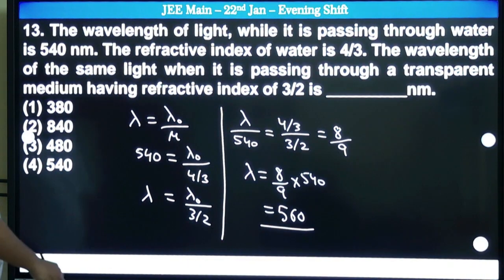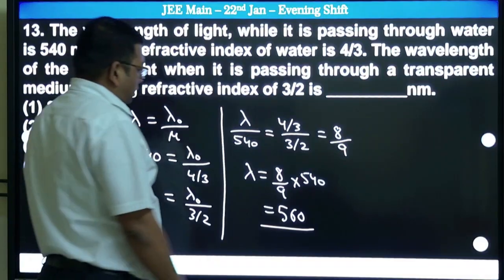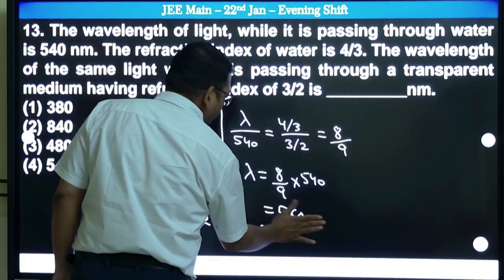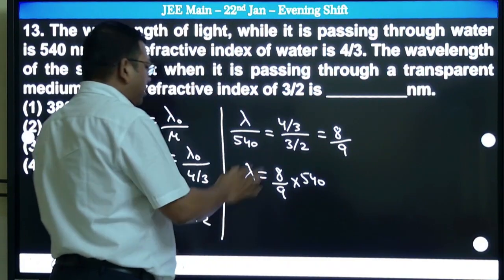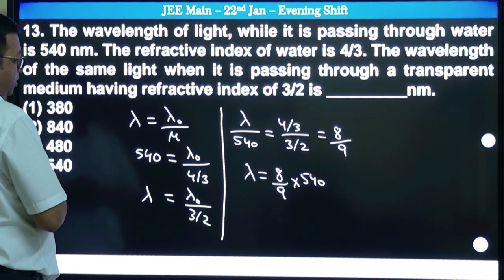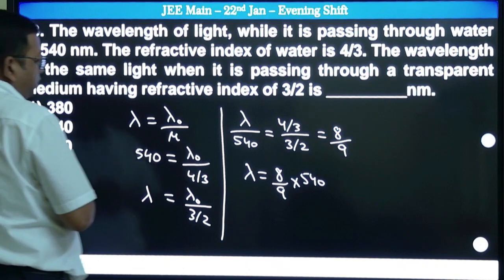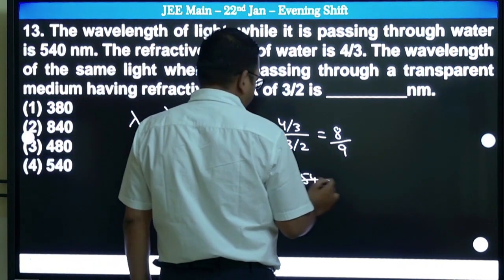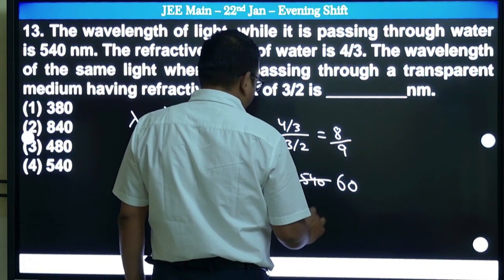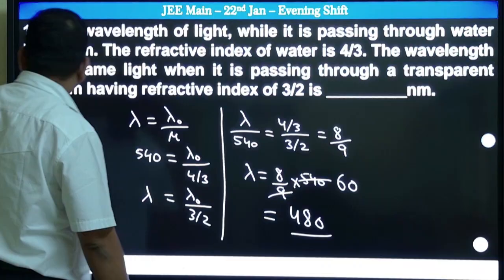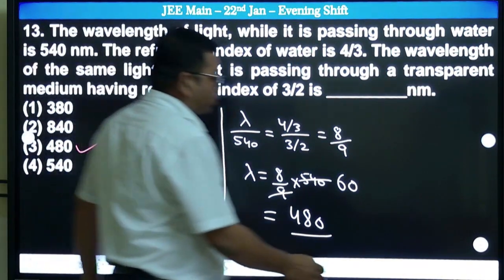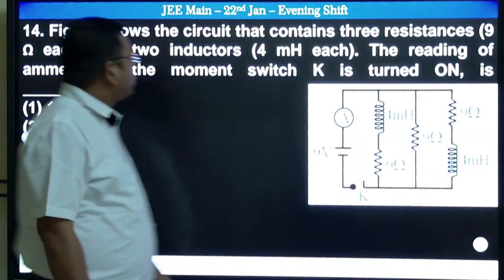Nearly. It will be less than that, not 560, it is 530. So 9 into 6, so 8 into 6, 48, 480. 480 will be the correct answer. Right, so this is the answer. Let us move to the next question.